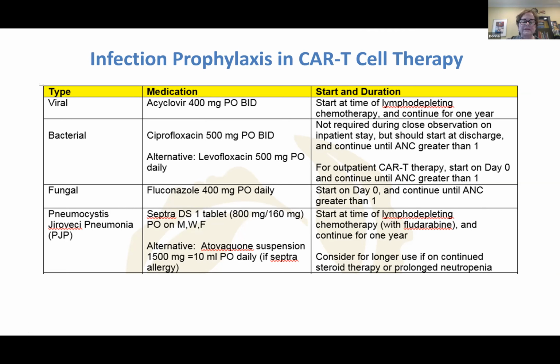It can be a nasty pneumonia and can be fatal, and should be continued potentially indefinitely. The alternatives are not as effective, and unfortunately, Septra DS is a horse pill that looks like the size of Kansas City. It does come in a pediatric solution, but it is so important.